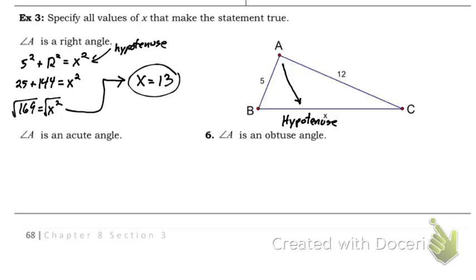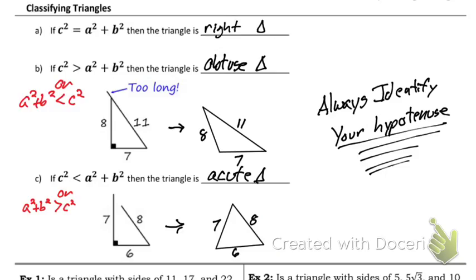Then it says, how do I know if angle A is an acute angle? Remember, in order for it to be acute, our hypotenuse squared has to be less than the sides squared.